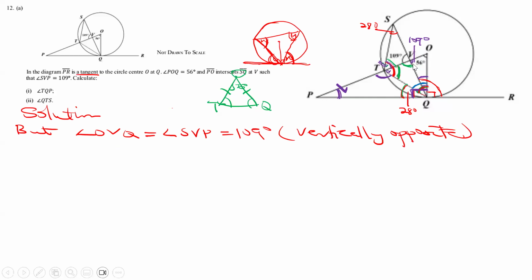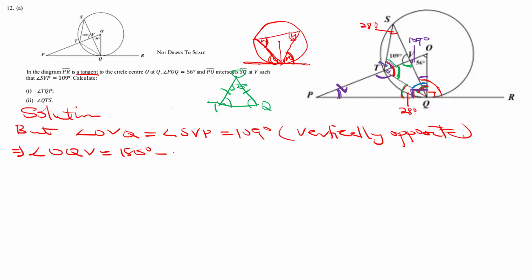So if I know this to be 109, then I know this small angle here. This implies that angle OQV will be equal to 180 degrees minus this angle, which is 56.